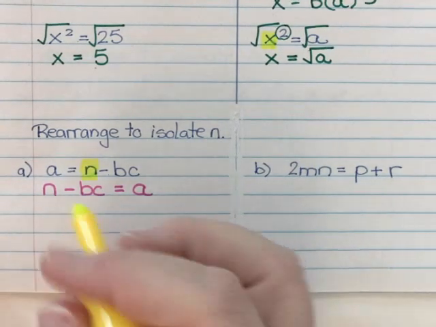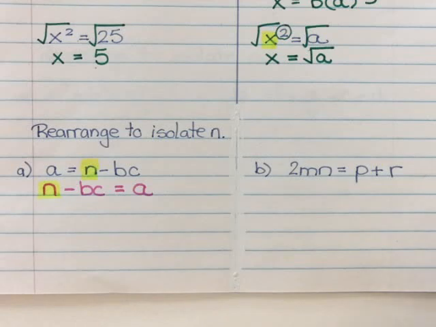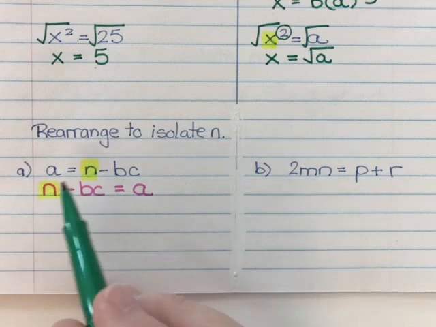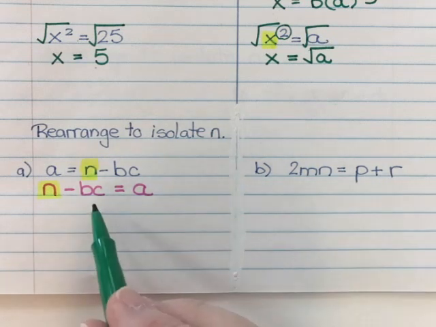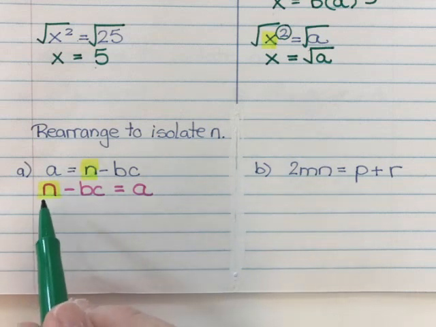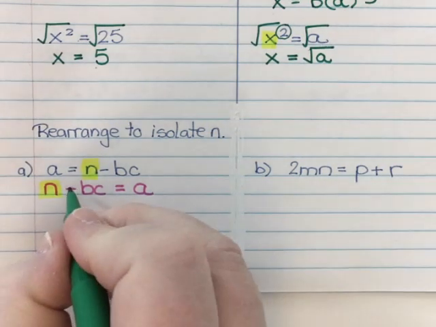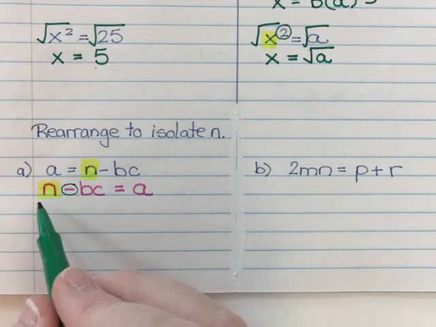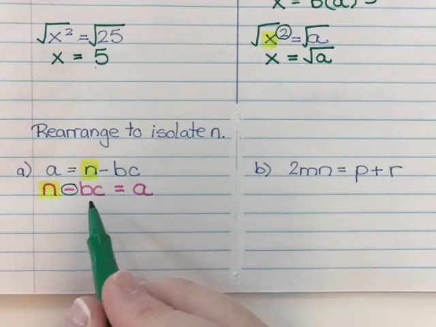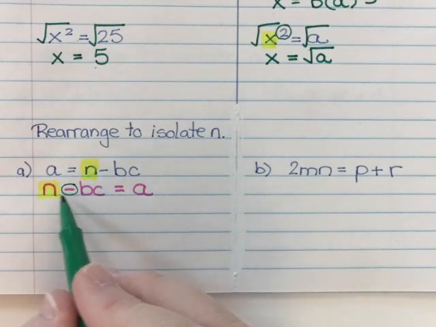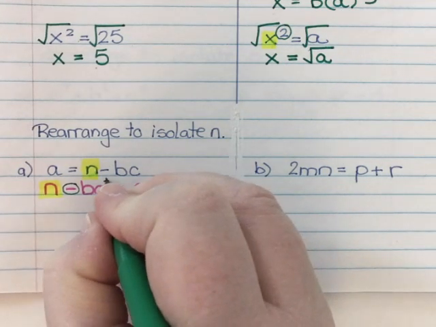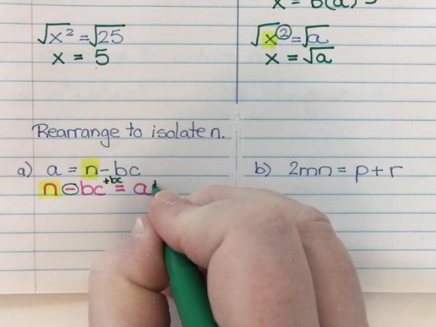And I am still trying to isolate n. So I notice there's a b and there's a c, that they're being multiplied together, but I actually don't care about that part. All I really care about is the operation in relation to n. So I notice that there is a subtraction. So we're doing n take away bc. So if I want to get rid of a subtract bc, I would do the opposite and I would add bc to both sides.